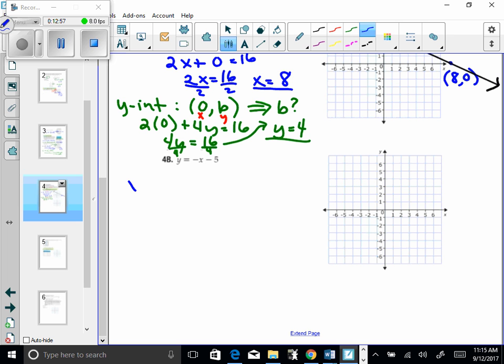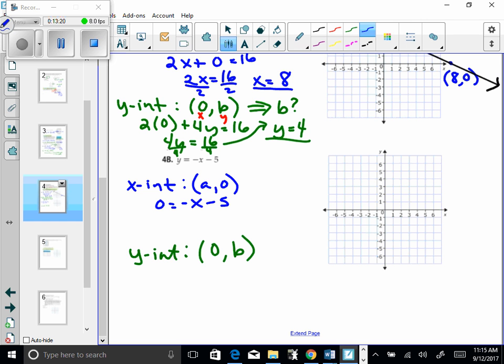For 4b, we'll do the same thing. So we're going to do the x-intercept by putting 0 in for y. And we're going to do the y-intercept by putting 0 in for x. So for the x-intercept, that's going to be 0 equals negative x minus 5.